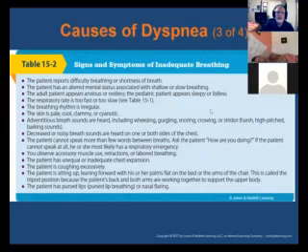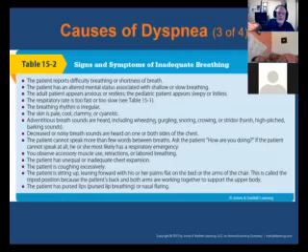All right. Signs and symptoms. Patient tells you, I can't breathe. I can't breathe. I can't breathe. Or feel really short of breath. That's what your patient says. So that patient is having a symptom, right?